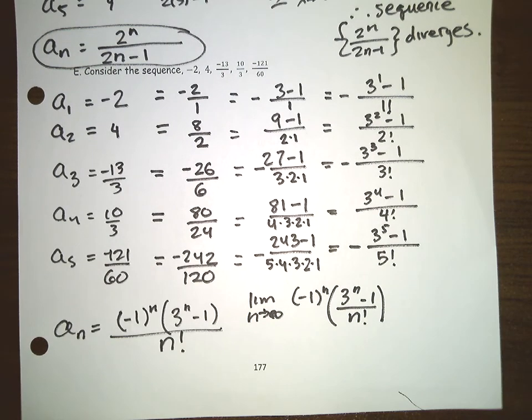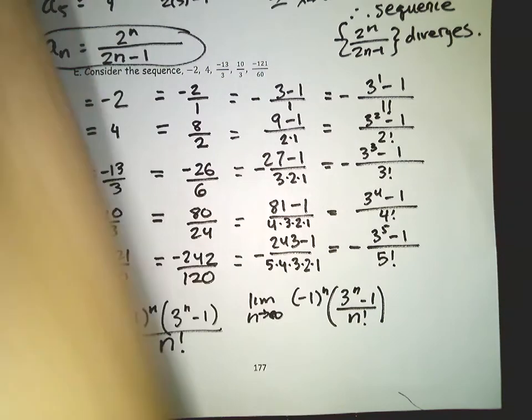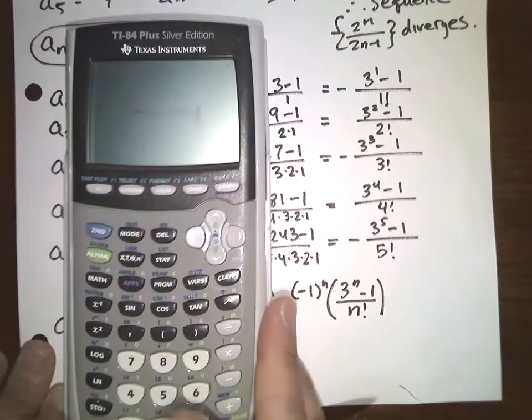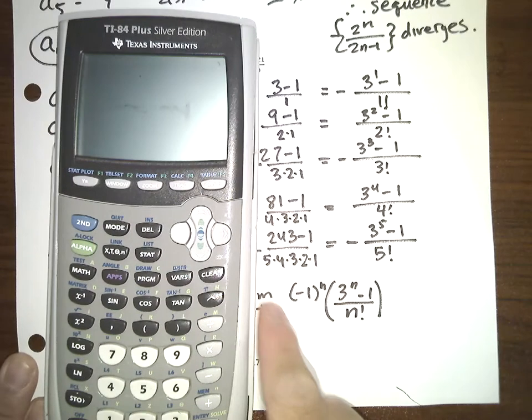Well, there are a lot of ways that you can visualize this here, but let me just try to pull up my calculator so that you can at least see what I mean here.